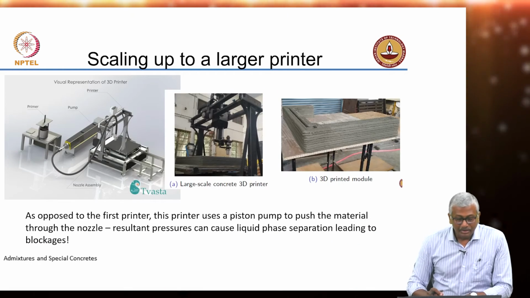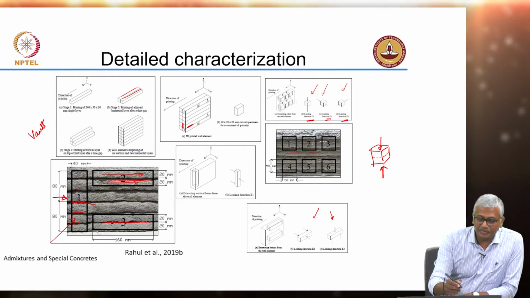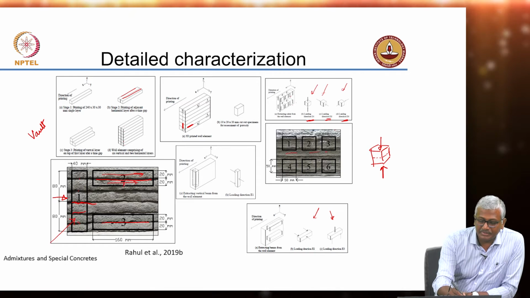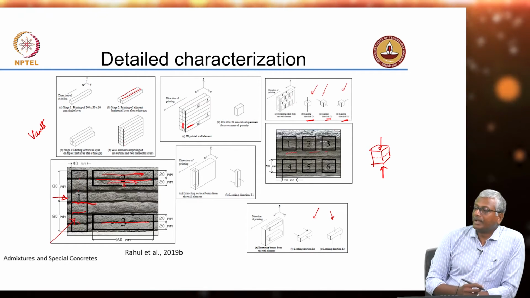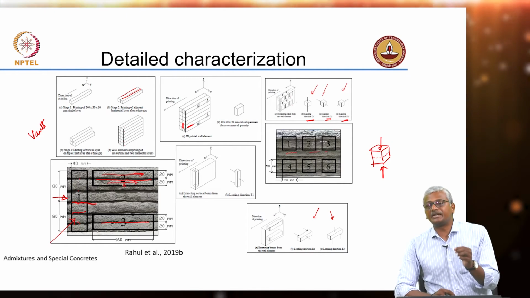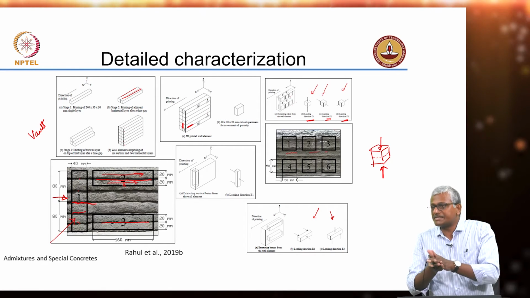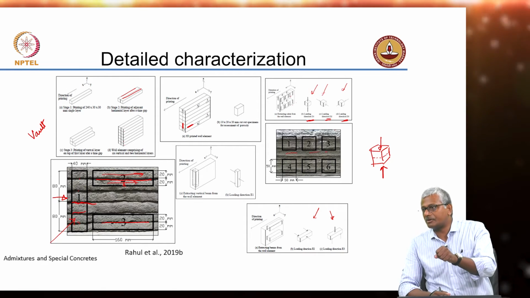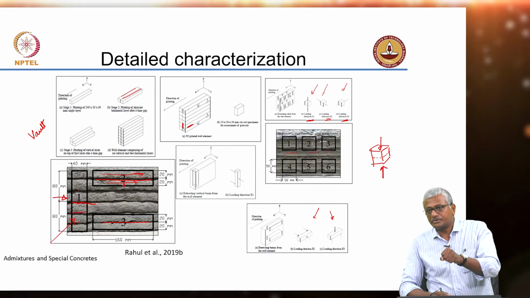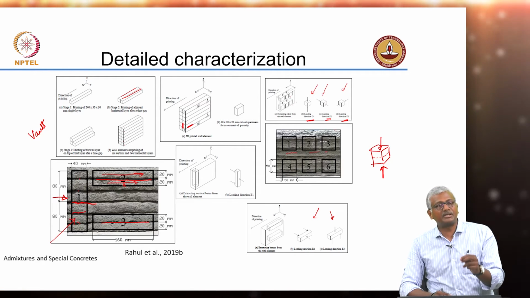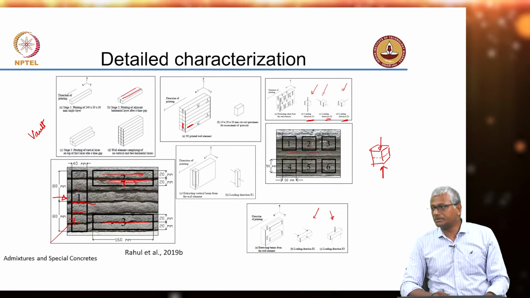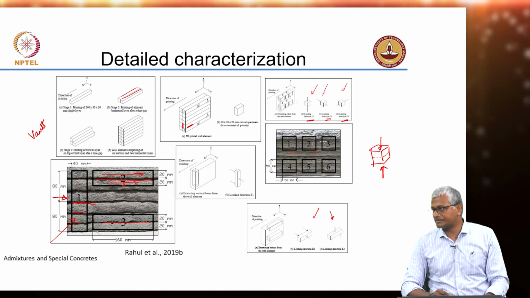Why? Because you can imagine that when you are testing this material, the failure crack will start coming at the bottom, and the failure crack is coming in the bulk of the 3D printed material. And this material is passing through a nozzle. So, there is extra compaction happening in the center of the material, right. That is why there is a marginal enhancement in the strength of the concrete as compared to the mold cast system.